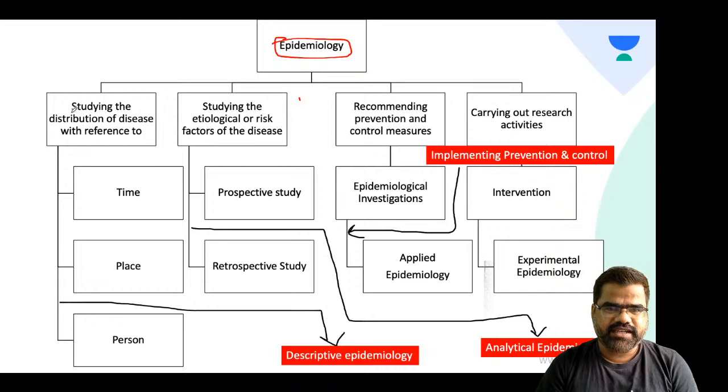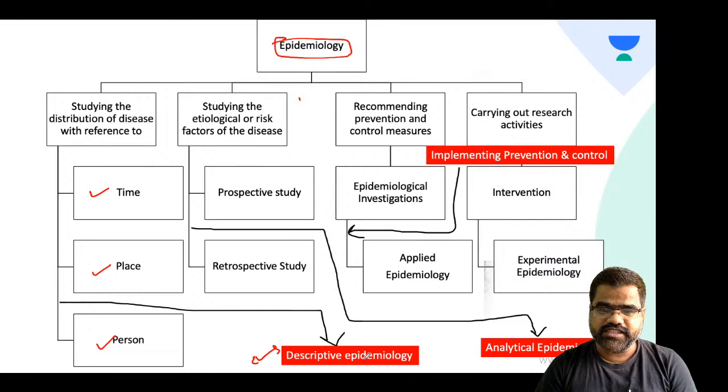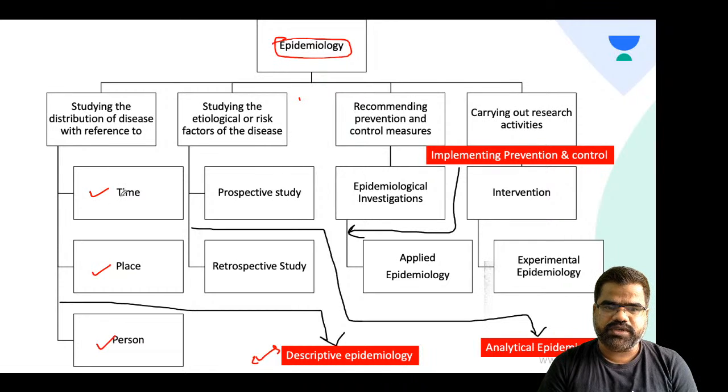So can I say study the distribution of disease with reference to time, place, and person, right? We can study epidemiology with respect to time, place, and person. If you are studying epidemiology with respect to time, place, and person, this is called descriptive epidemiology. You are basically describing the disease, so it becomes descriptive epidemiology. You have described the disease with respect to time, place, and person.